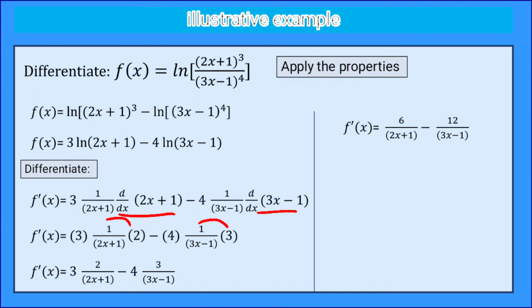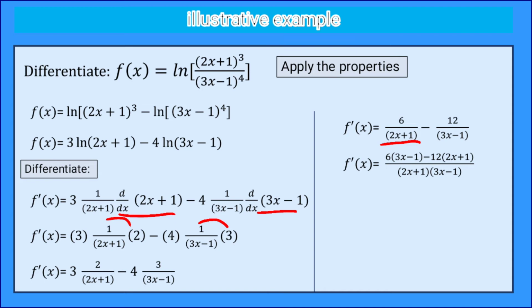And we need to get the difference of these two terms. Since we don't have a common denominator here, we need to multiply those two denominators. So our denominator will become 2x plus 1 times 3x minus 1. And then 2x plus 1 times 3x minus 1 divided by 2x plus 1 is 3x minus 1.